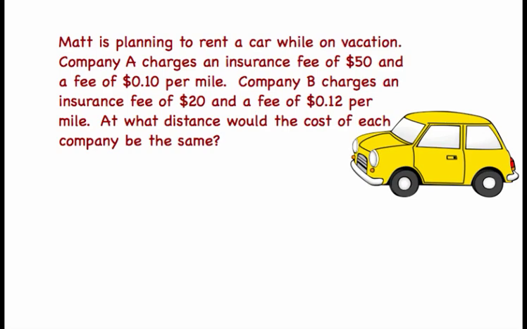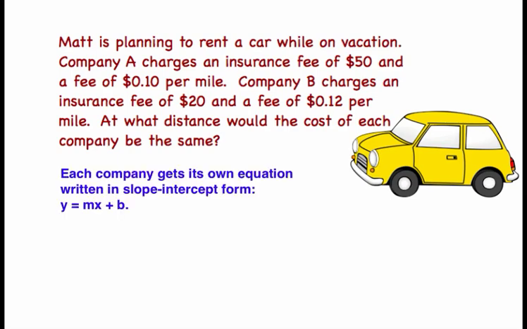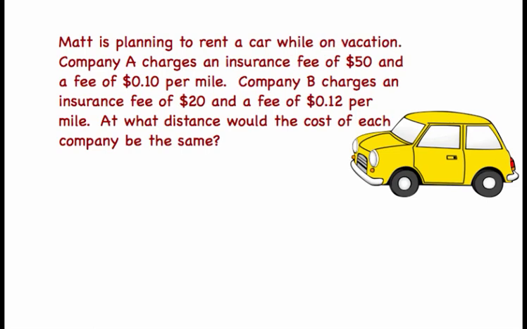Now, if you think about this, each company is going to be its own equation. Each company has its own starting point and its own rate or repeating value, so we're going to write our equations in slope-intercept form. The equation for company A would be y equals, our rate is 10 cents for every mile.